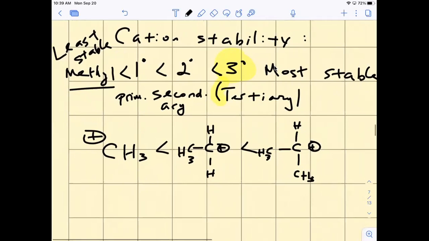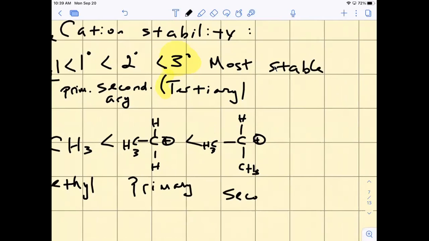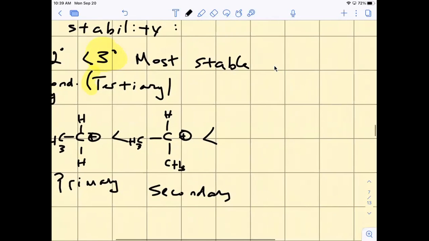This is methyl. This is primary. This is secondary. And then the most stable out of all of them is the tertiary. So I'm going to put 3 carbons on there.